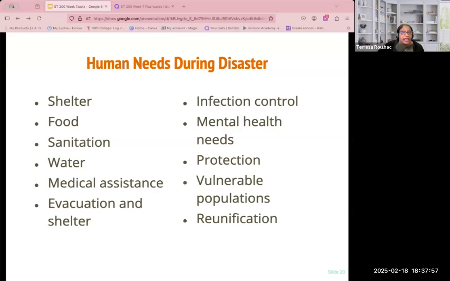I think of Hurricane Katrina, to addressing mental health needs. Okay. Providing counseling, psychological first aid. This is going to be an important part of a disaster response.